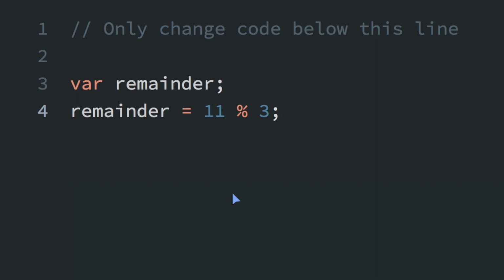And 11 divided by 3 is 9. 11 minus 9 is 2. So the remainder is going to be 2. 11 remainder 3 is 2. The remainder operator is often used to determine if a number is even or odd. If you can divide a number by 2 and the remainder is 0, that means the number is even.